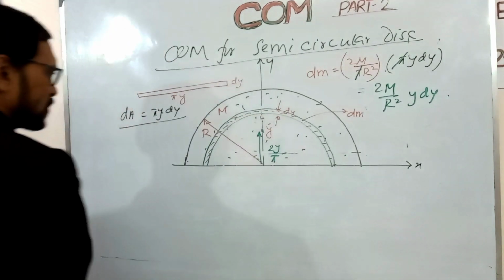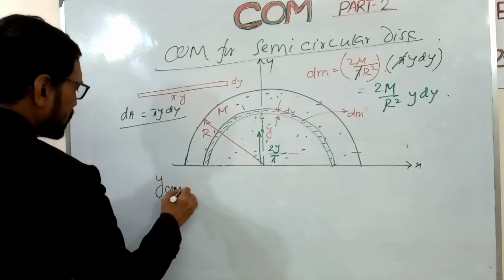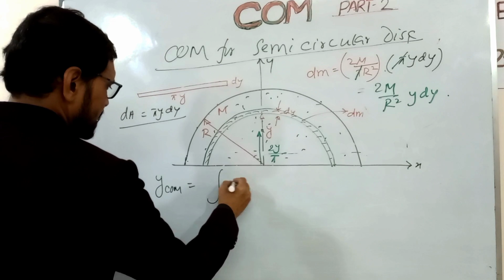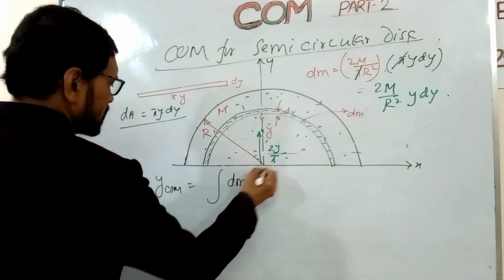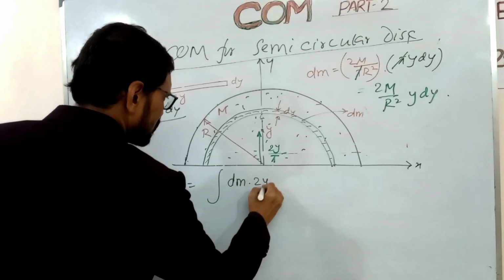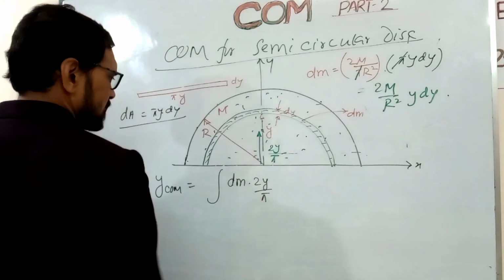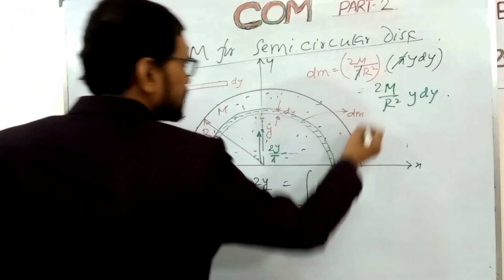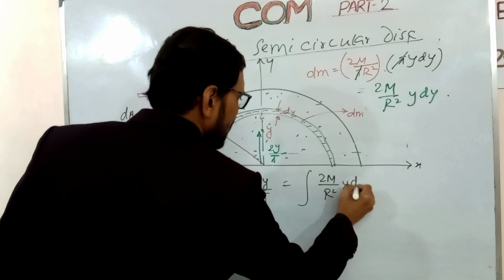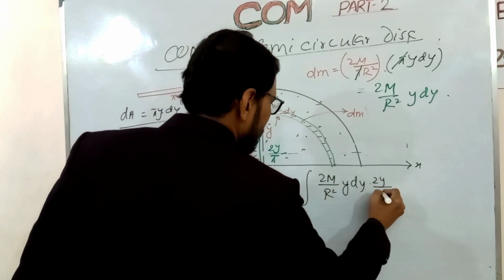Now to calculate the y coordinate of the center of mass of the whole semicircular disc, it will be dm into this 2y by pi. Now write the value of dm: 2m by r square, y dy, into 2y by pi.